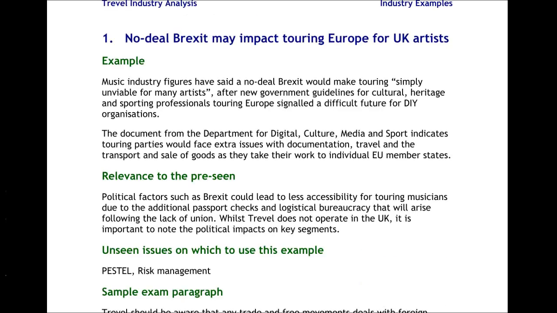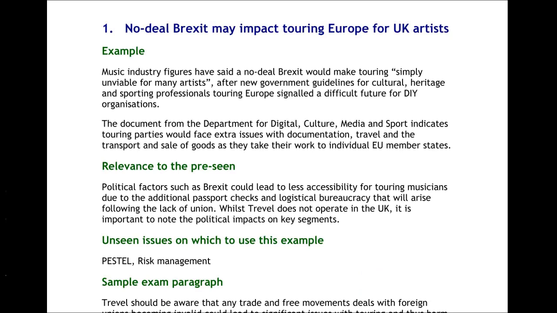So the first one is that a no-deal Brexit may impact touring Europe for UK artists. So this is a PESTEL topic, a risk management topic, where if we were to branch out into live performances, the free movement of people is going to be really, really important. It makes it smoother, less time is taken to travel, and the tour dates can be done quite simply, but touring can become simply unviable after new government guidelines for cultural, heritage and sporting professionals touring Europe signalled a difficult future for DIY organisations.